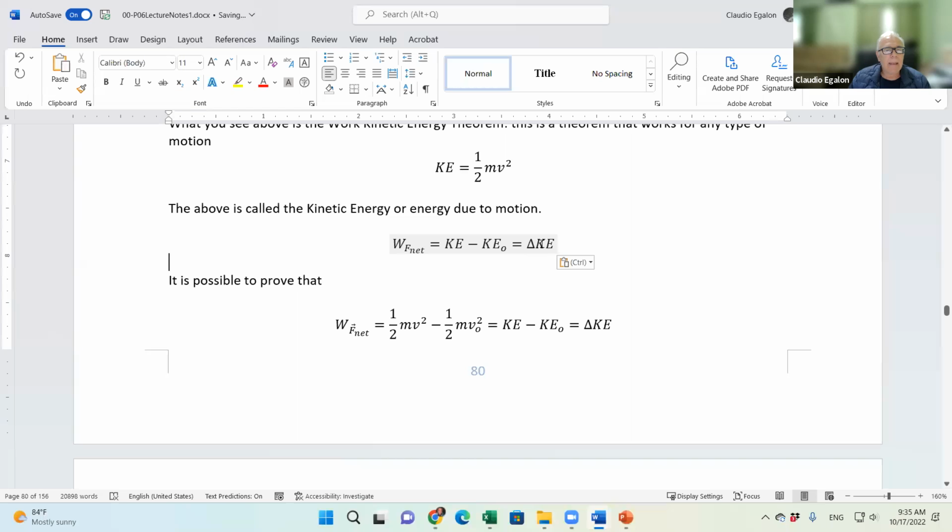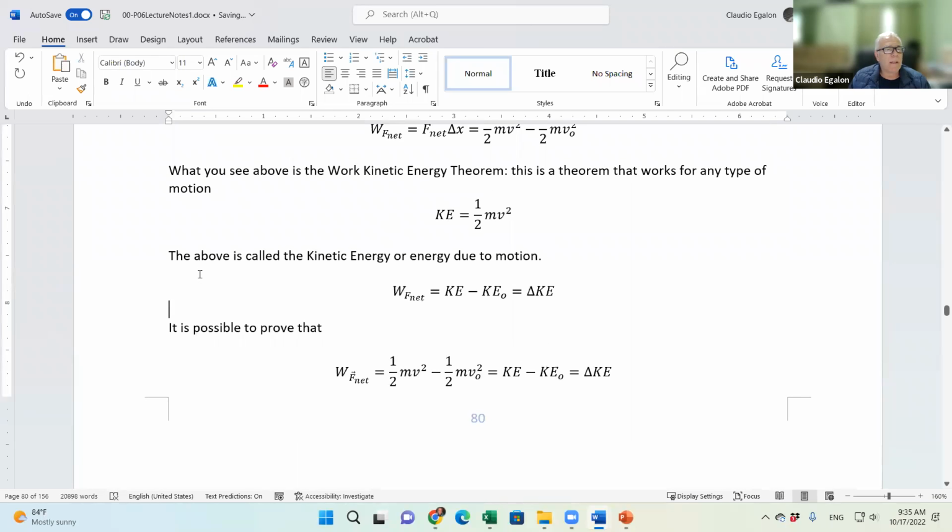Looks better, right? And it's possible to prove that it holds even for motions that are not uniformly accelerated.